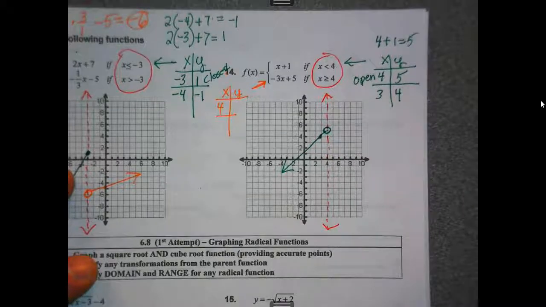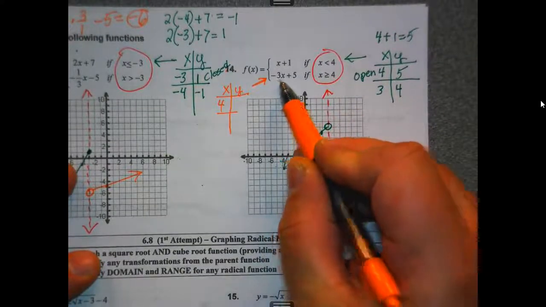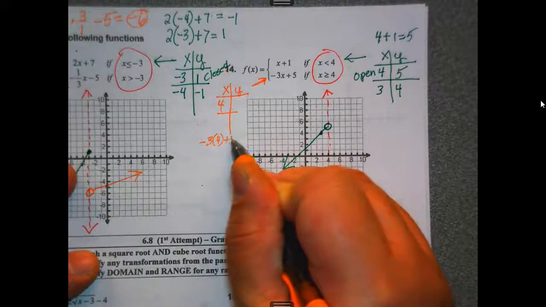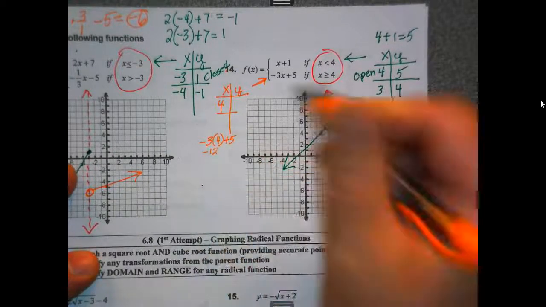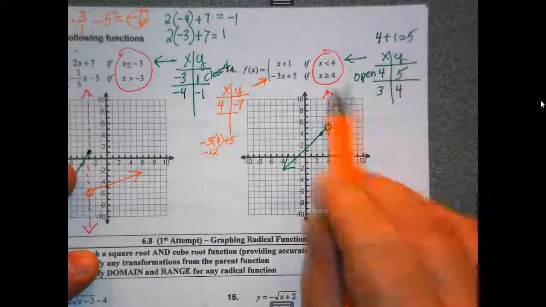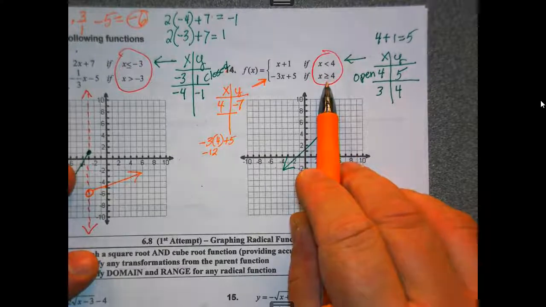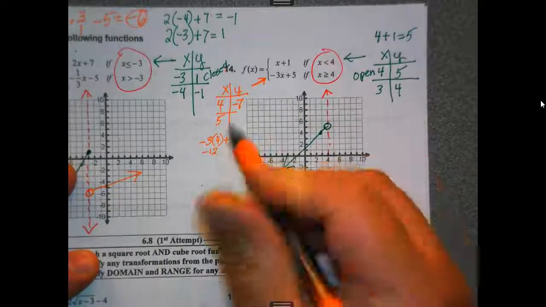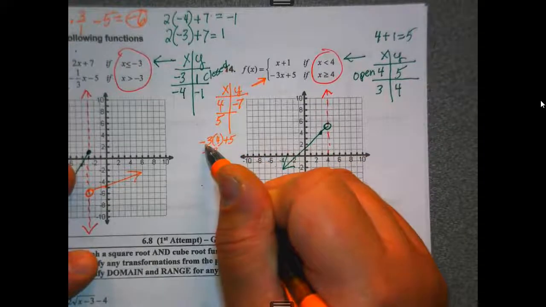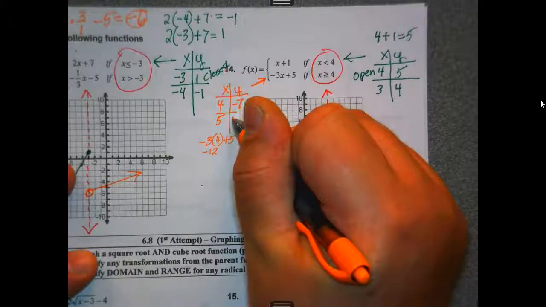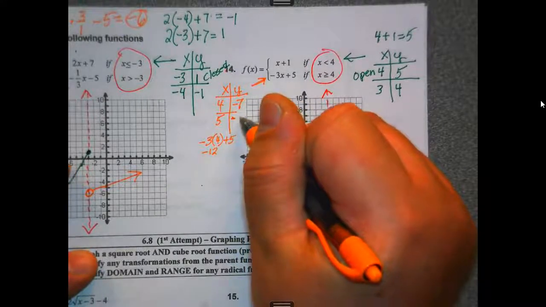Okay. All right, so if I choose 4, I get negative 3 times 4 plus 5, which is negative 12 plus 5 is negative 7. I need a number greater than or equal to 4. I have to use 5. 5 times negative 3 is negative 15 plus 5 is negative 10.